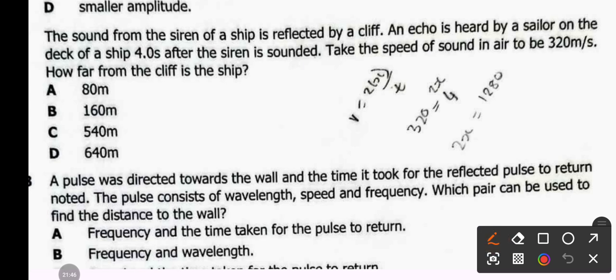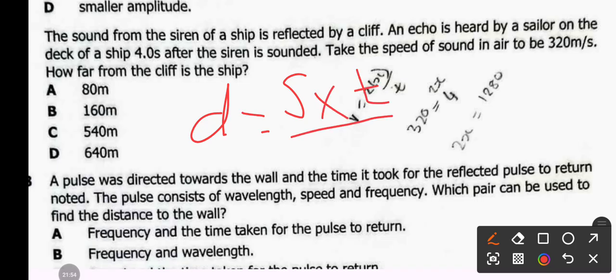Right. Okay. So how far means distance. So distance is equal to speed times time. So in the case of an echo, which is the bouncing back of a sound wave as it strikes a barrier, so the reflection of a sound wave, you have to divide it by 2 because the sound wave travels 2 times the distance, back and forth.